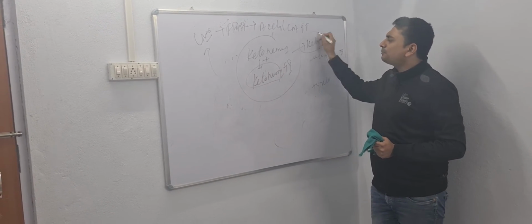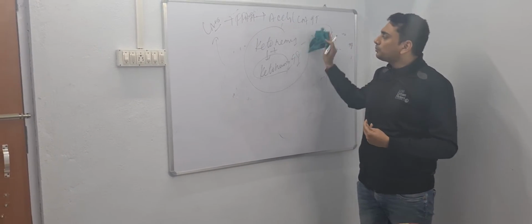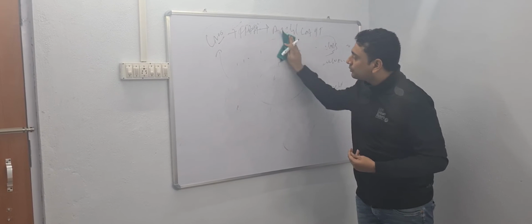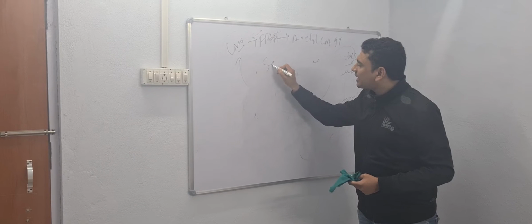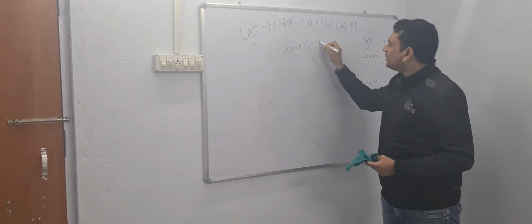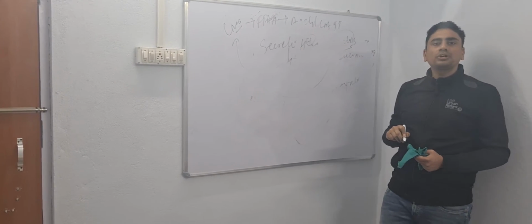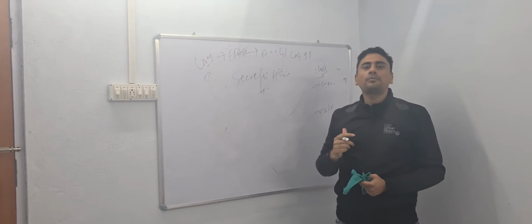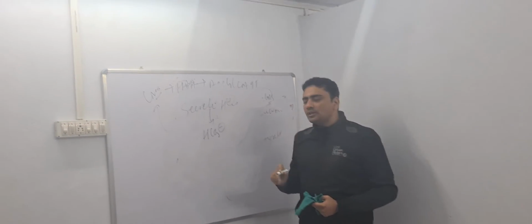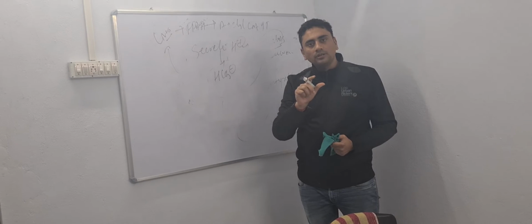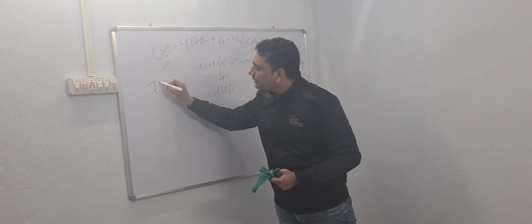So what will happen if the ketone bodies level in blood increases, and these ketone bodies are acids? They are acids means what? They will secrete H plus ion, so there will be excess secretion of H plus ion. This H plus ion is going to reduce the alkali reserve of our body, because there is bicarbonate, which is a major buffer system in our body, and that ensures that our blood pH remains around 7.4.